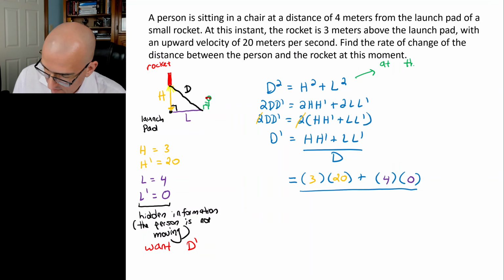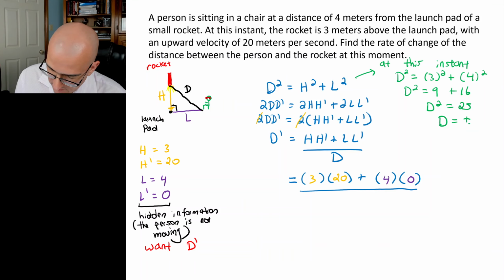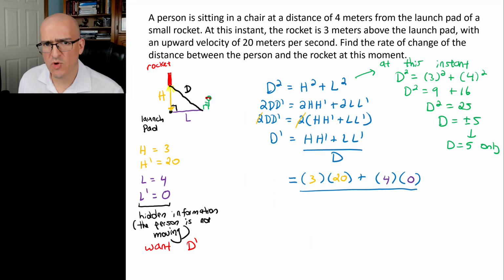At this instant, d squared is equal to h squared plus l squared, so 3 squared plus 4 squared. So d squared is equal to 9 plus 16. d squared is equal to 25. d is equal to plus or minus 5, but it's only 5 because don't make me get the measuring tape.